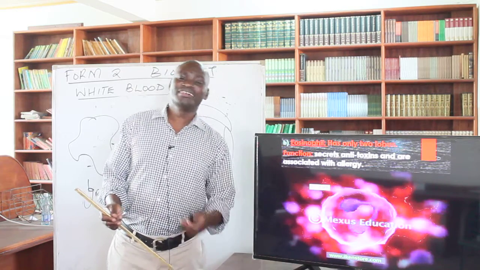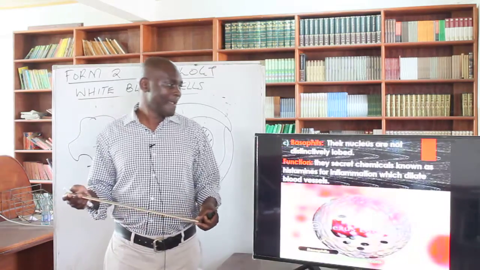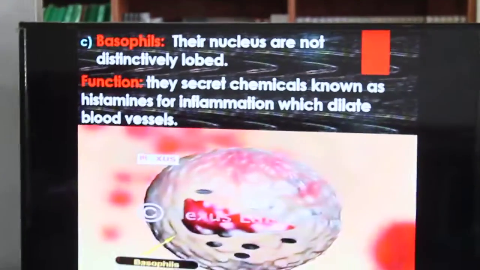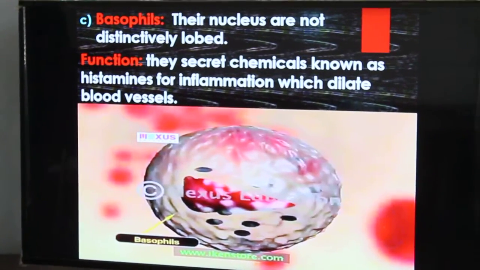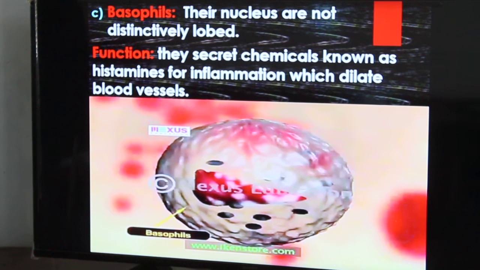We move on to the last type, basophils. Basophils are also leukocytes, that is granulocytes, and they do not have a nucleus which has distinct lobes. Their work is to secrete chemicals known as histamines.